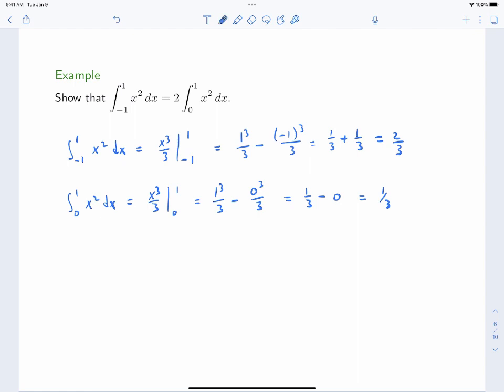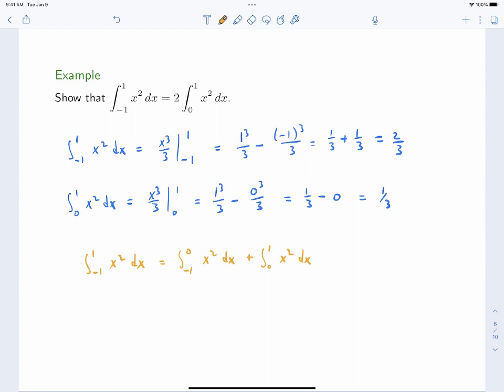Another way to look at this, if I can just change the color of my pencil here, we can take this integral from minus 1 to 1 of x squared dx, and we can write this as the sum of the integral from minus 1 to 0 of x squared dx, plus the integral from 0 to 1 of x squared dx. Now, these two integrals are the same.